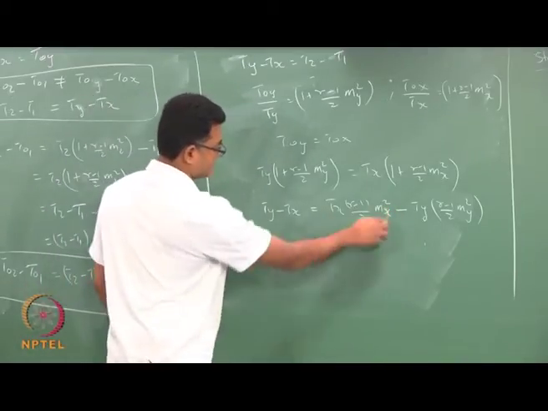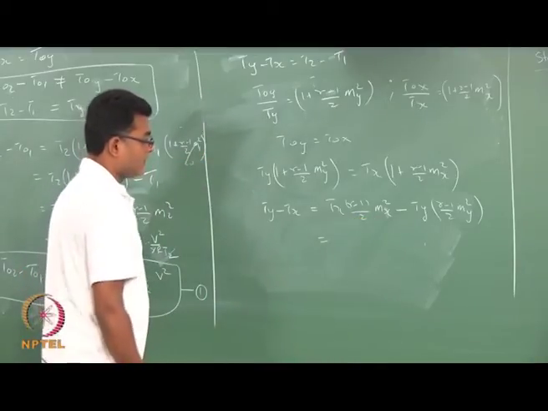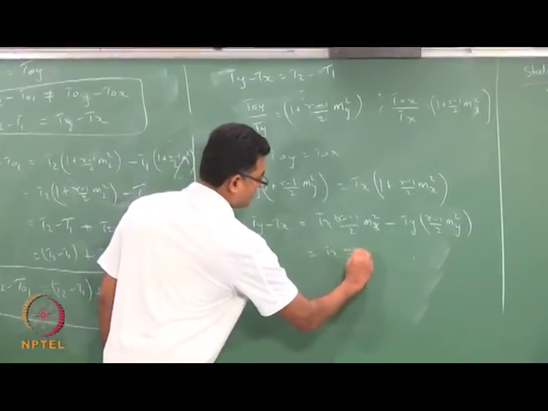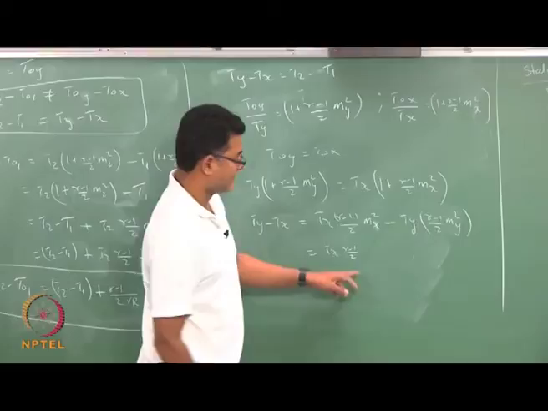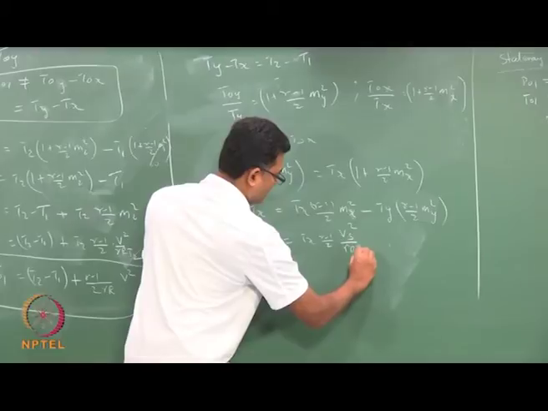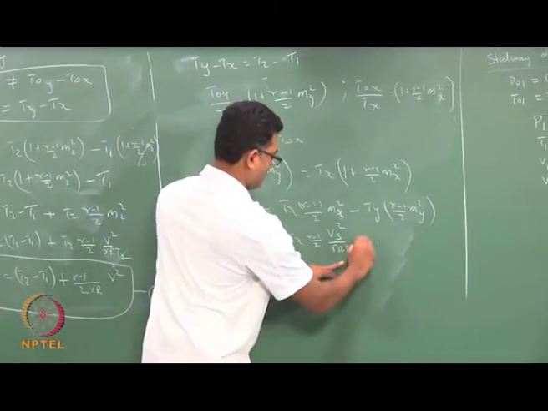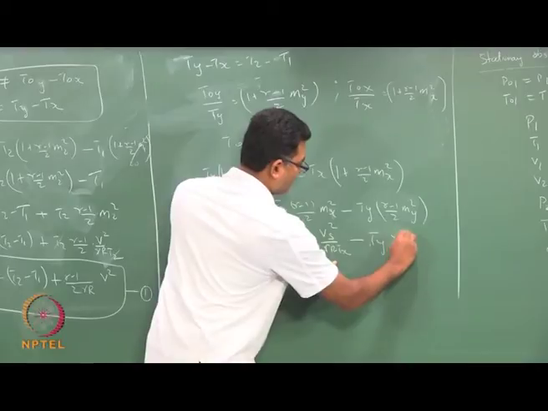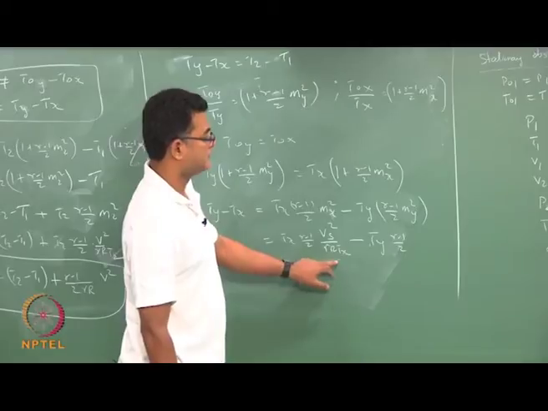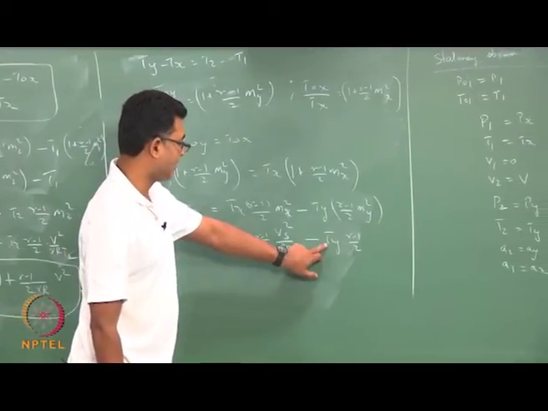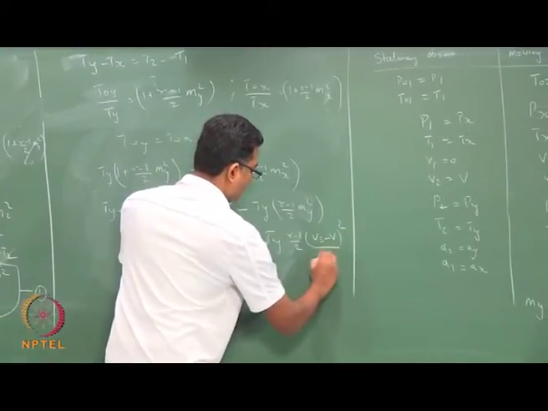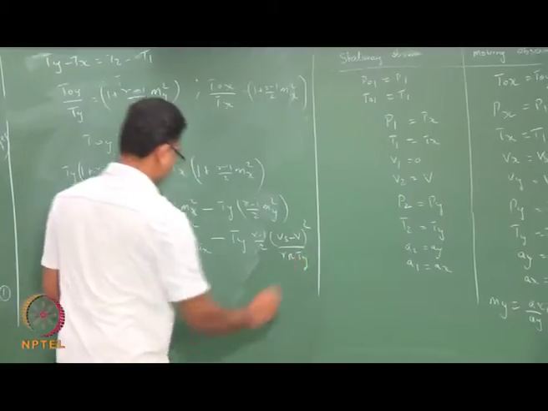Which again I replace in terms of velocity of sound and velocity of the fluid. So, Tx into gamma minus 1 by 2 into Mx, where Mx is Vs square divided by gamma R Tx, minus Ty into gamma minus 1 by 2 My, where My is Vy by Ay, Vy is Vs minus V the whole square divided by gamma R Ty.